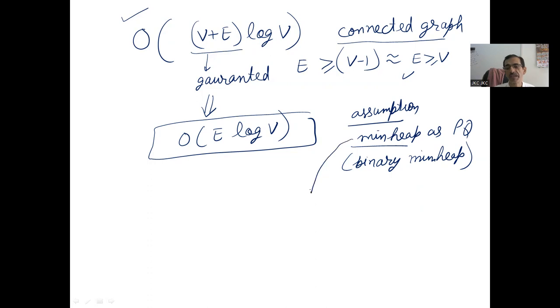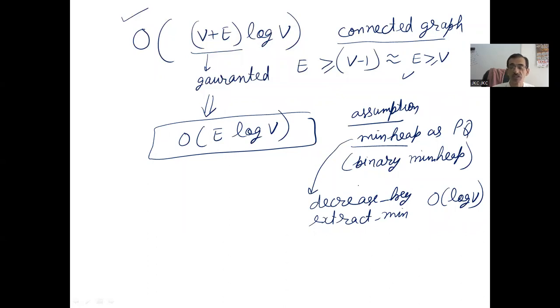But in case of a binary min heap, your decrease key and extract min take log V time, and that is why the corresponding operations and time complexity are considered accordingly. If the min heap or PQ changes, it will change. Like if you go for linear search, as we said, if the PQ index is not stored, time complexity will increase. So we have done all this.